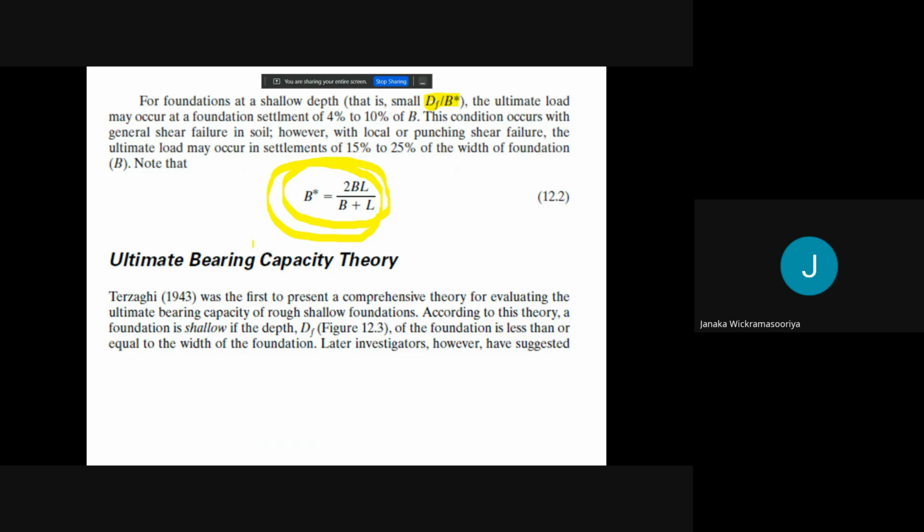Now what we want to discuss in this subject is basically this one, ultimate bearing capacity. This is the most important thing in this topic, and Terzaghi is the man.